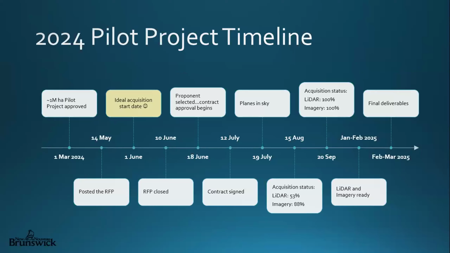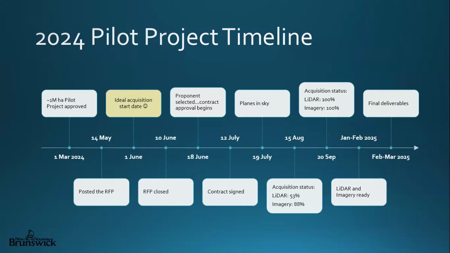This is a bit of a broad timeline. Ideally, we'd like to start collecting the information back on June 1st. However, we were late getting the RFP process all concluded. We managed to sign a contract by mid-July, and we were fortunate to get planes in the sky by July 19th.